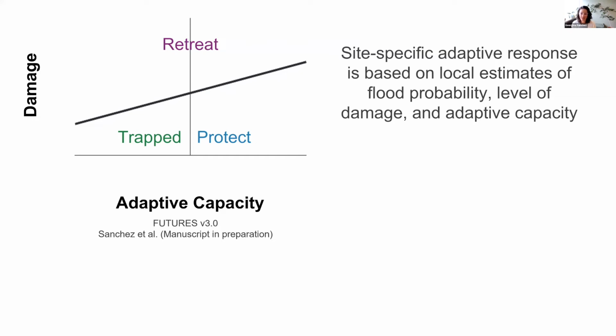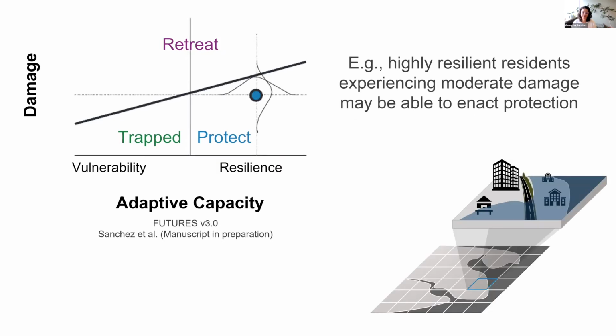And our advanced framework can now assist us in simulating three response states: retreat, protect, and trapped, the ones that I'm displaying in the figure right now. For example, we see that blue dot on the flood response function. It is representing highly resilient locations experiencing a moderate level of damage following a flood event. Residents at this location are assumed to be able to enact protections like elevating their homes or building a levee, anything basically to reduce their exposure and keep water out.